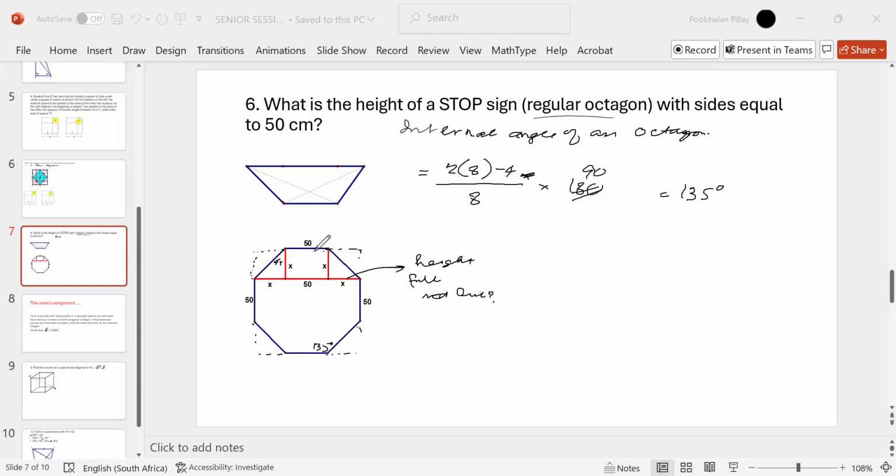Now, to make that a little bit easier, I drew the red line, but I drew perpendiculars like this, right? And then I tried to analyze this one. Then I saw that this angle here is 45. This angle had to be 90.